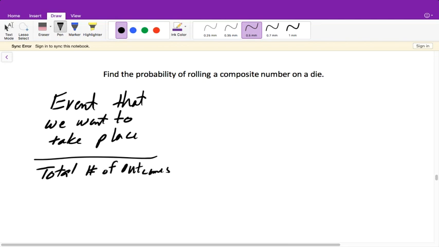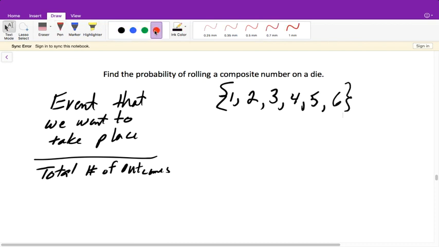So what we need to do first is figure out what are all the possibilities when we roll a die? Well, we've already discussed this. We have 6 different sides, and we can roll a 1, 2, 3, 4, 5, 6. Now, we have to make sure, or the directions on your test will tell you, it's a fair die, which means they all have an equally likely chance.